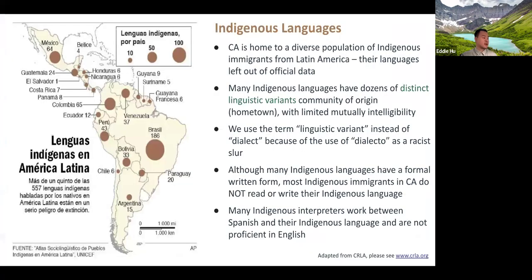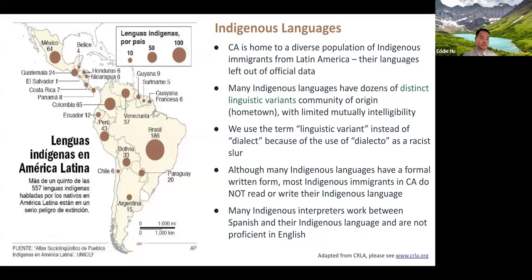Next slide, please. We would also want to highlight that LA is home to a diverse population of indigenous immigrants from Latin America. Their languages are often left out of official data, according to the California Rural Legal Assistance, CRLA. Many indigenous languages have dozens of different language variants, communities of origin, and hometowns with limited mutual intelligibility.